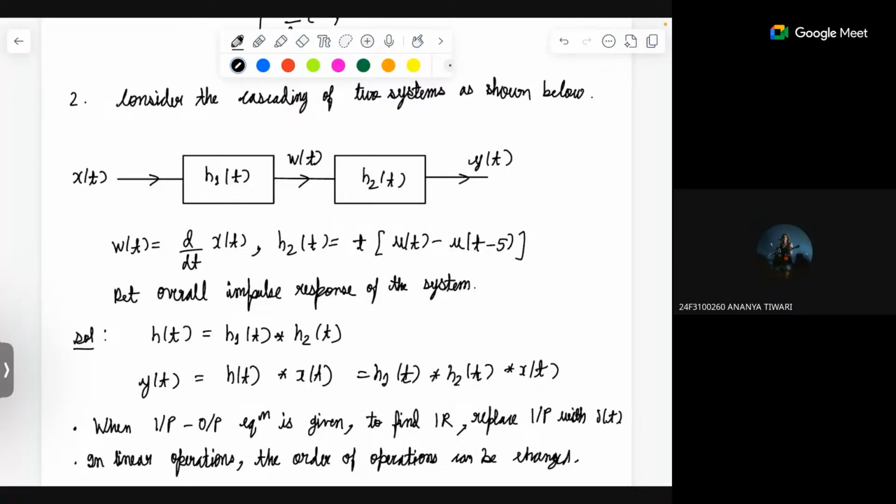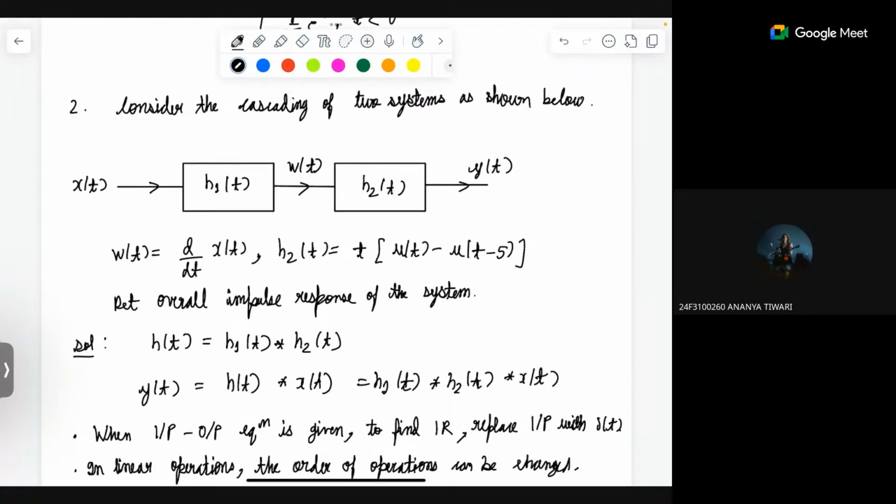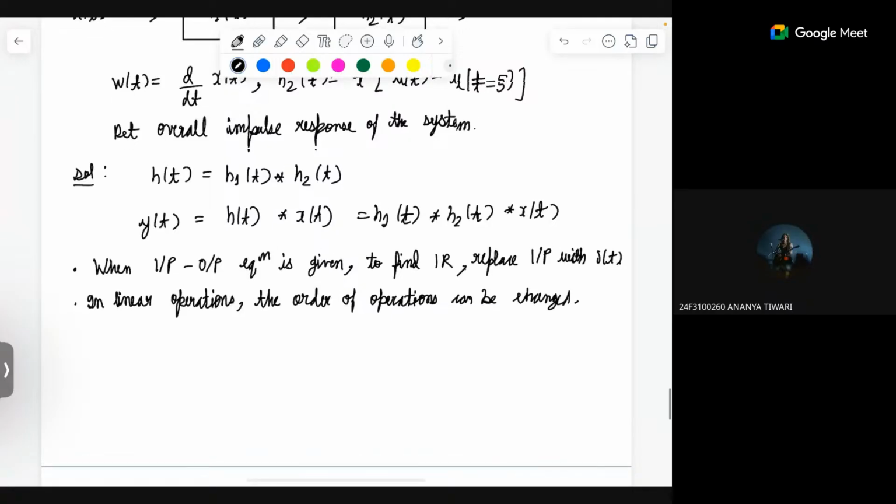Okay. So this is my question. The overall impulse response will be the convolution of h1(t) and h2(t), that we know. Now, for this h1(t), I have been given this input-output equation. Output is d/dt x(t). So to find the impulse response, that is h1(t), I will replace x(t) by delta of t. w(t) will then become h1(t), right?